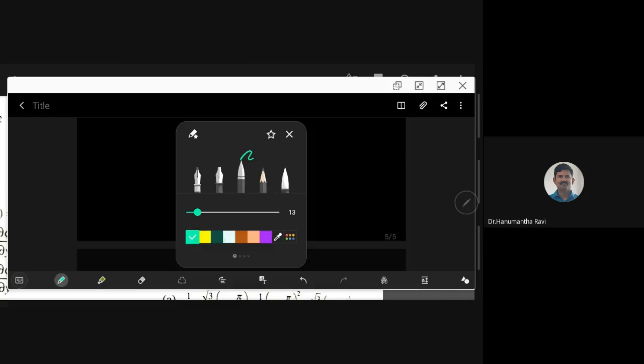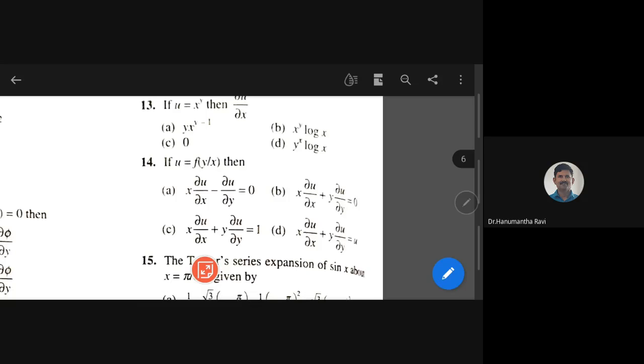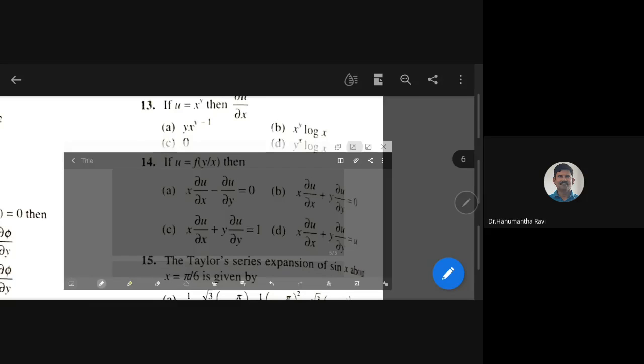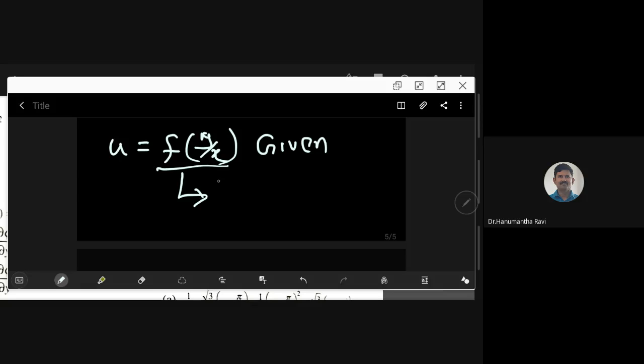If we look at the 14th question, what is given is u is equal to f of y by x. Clearly this is a homogeneous function, because this u is u of x, y.